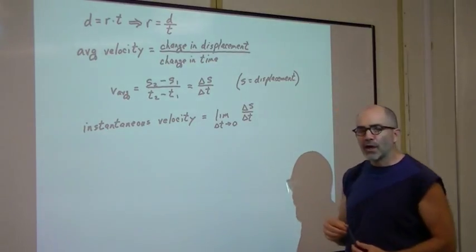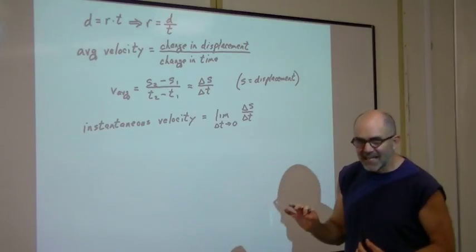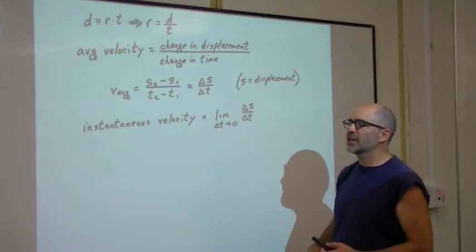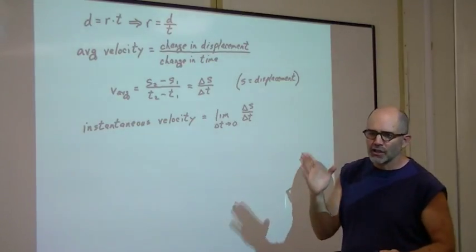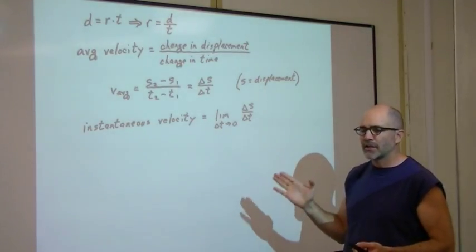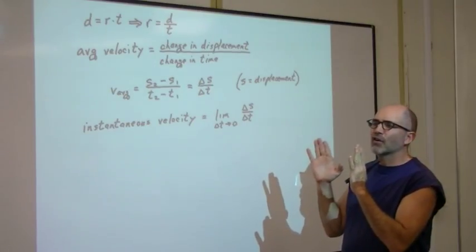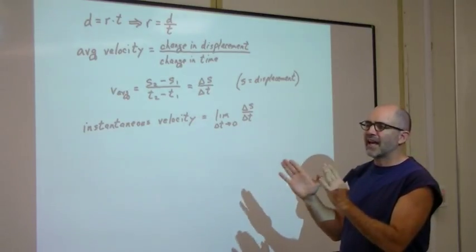So change in displacement divided by change in time is going to give me the average velocity. Now, if I want to know the instantaneous velocity, so in other words, average velocity, I took a trip, I started at 2 o'clock and I finished my trip at 3 o'clock, and I could say I covered 60 miles in that hour.